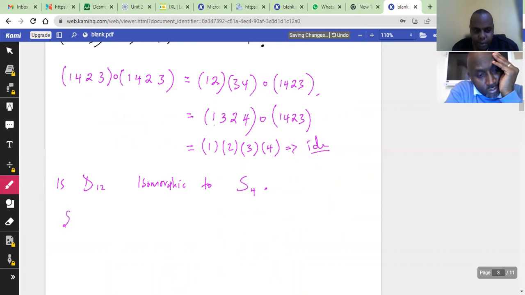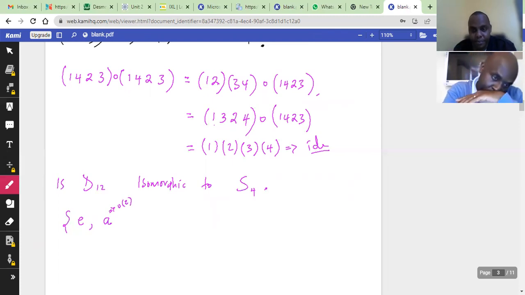So D12 is going to have an identity, and then it's going to have a generator A, and this generator is going to have order 2. It's a reflection. And then it's going to have a rotation B, which is a 30 degrees rotation, meaning that you can do that rotation to get to 60 degrees.